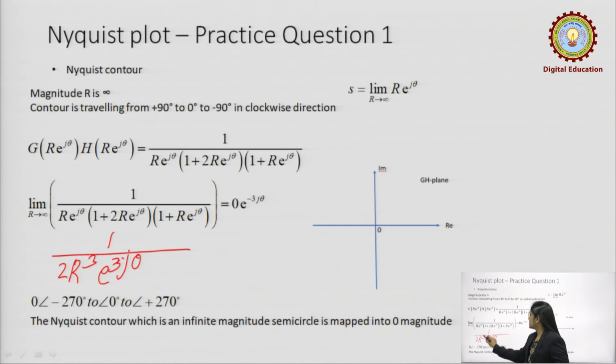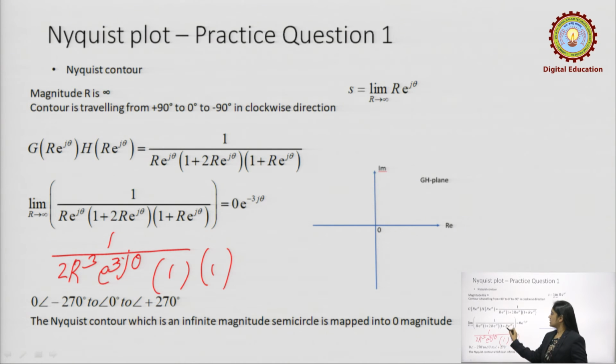Since the terms will become 1, because we are applying the limit r tends to infinity, and because r is in the denominator, we will get the magnitude as 0, and the angle is from the numerator, e raised to minus 3 j theta.